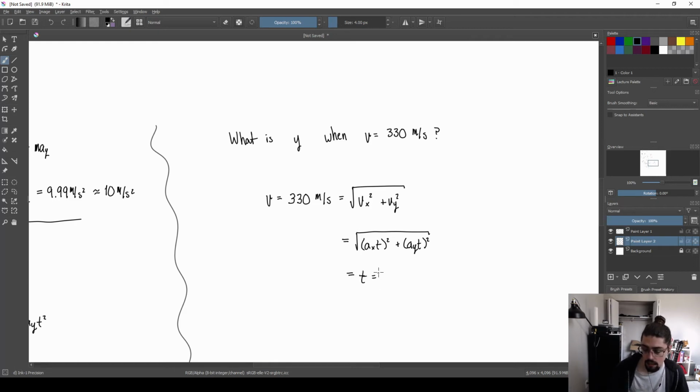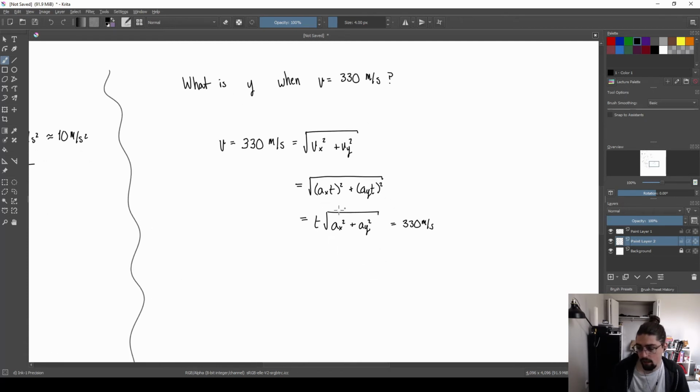So now this is t times the square root of a of x squared plus a of y squared, and that is all equal to 330. Solved out like this, the time is 330 divided by what we had just found, which should be something like 14.76 seconds.